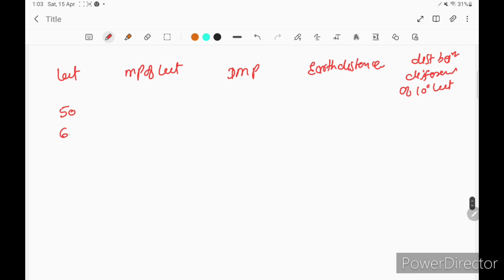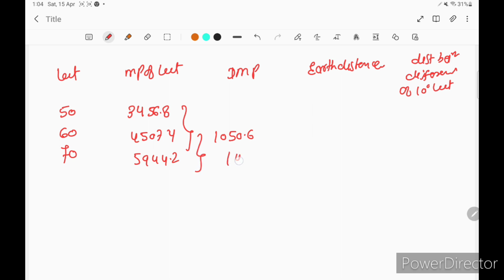So 50, 60, because we require 60 in the center, so 50, 60, 70, 3, 4, 5, 6.8 from the Norie's tables. Okay, now the difference between them is 1050.6 and the difference between this is 1436.8. So we already calculated 0.5, 0.4 nm.